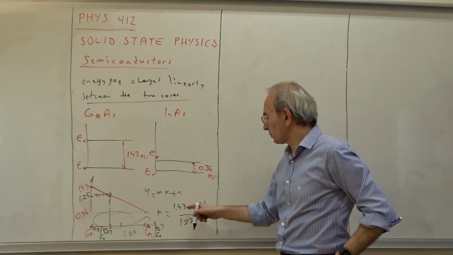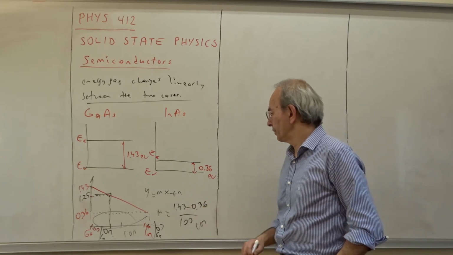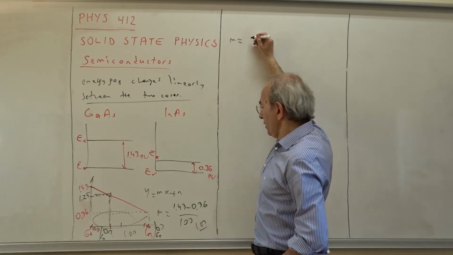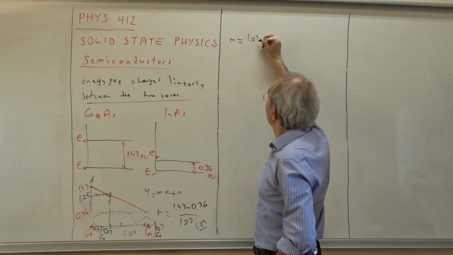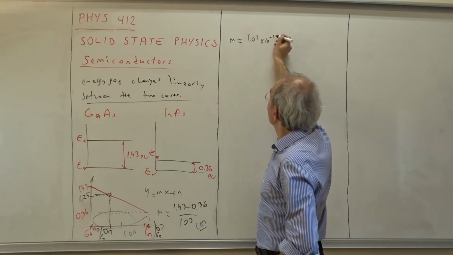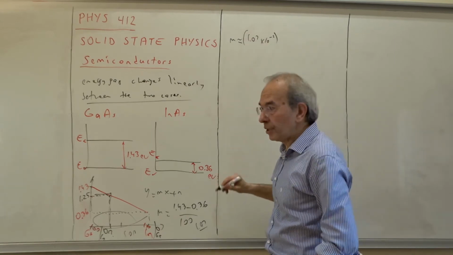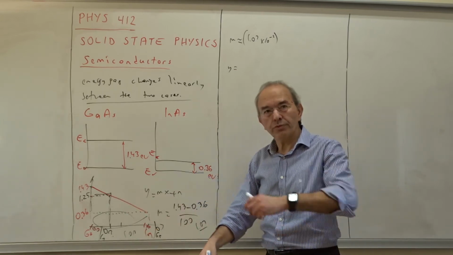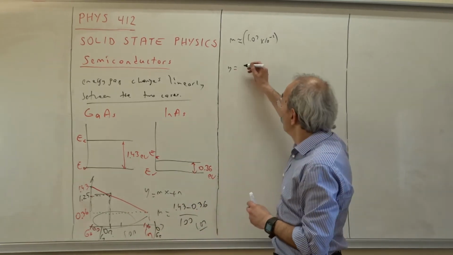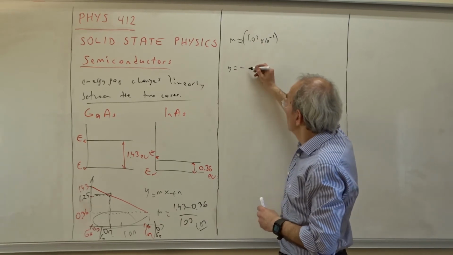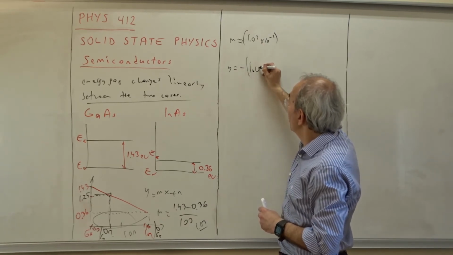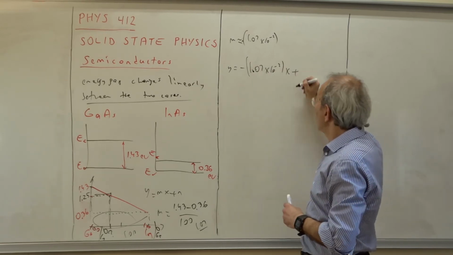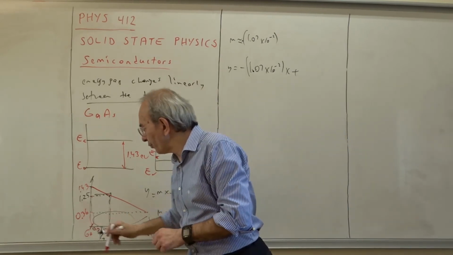Then it is almost 1.07 over 100, approximately 1.07 times 10 to the minus 2 for the slope. So y is equal to minus 1.07 times 10 to the minus 2 times x plus the intercept.